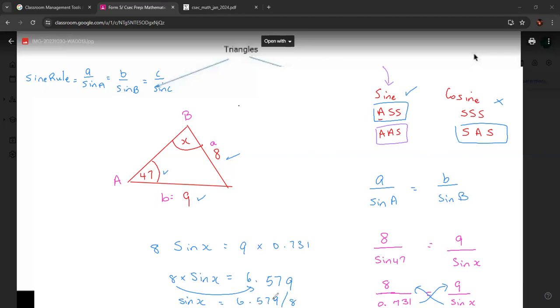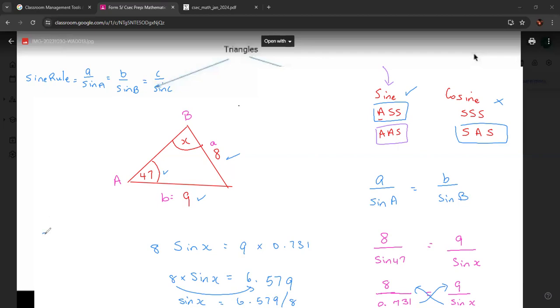So we're going to end up with 6.579 divided by 8.